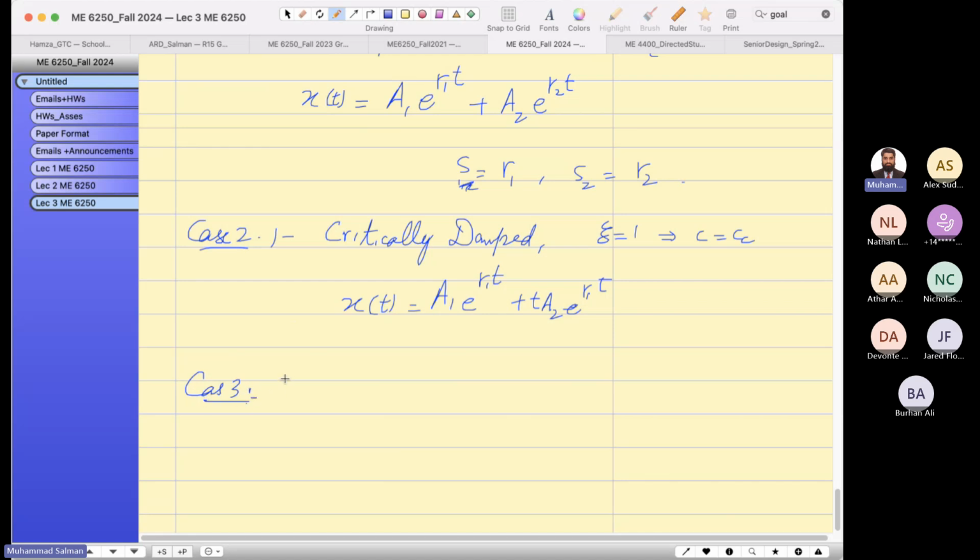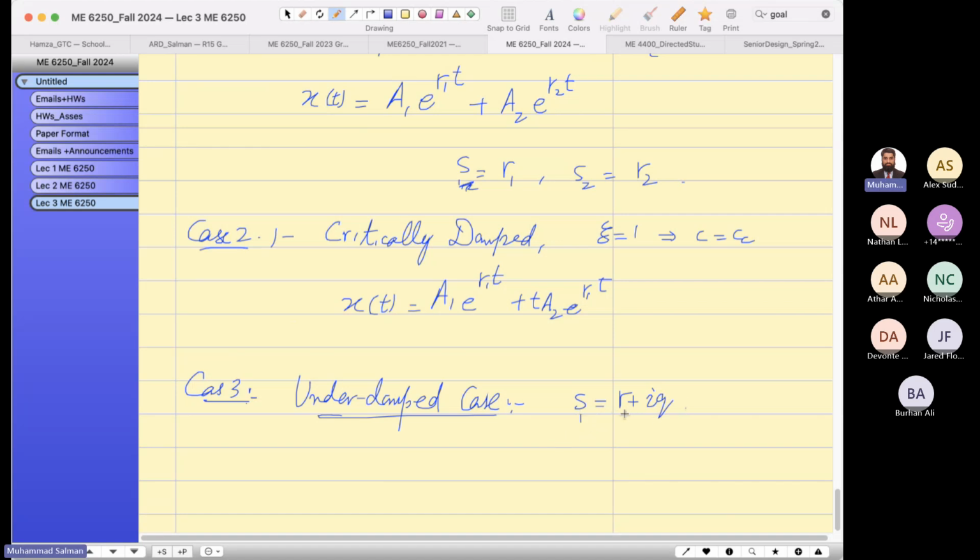And case 3, underdamped case. And it is true, you will see that s is r plus iq.